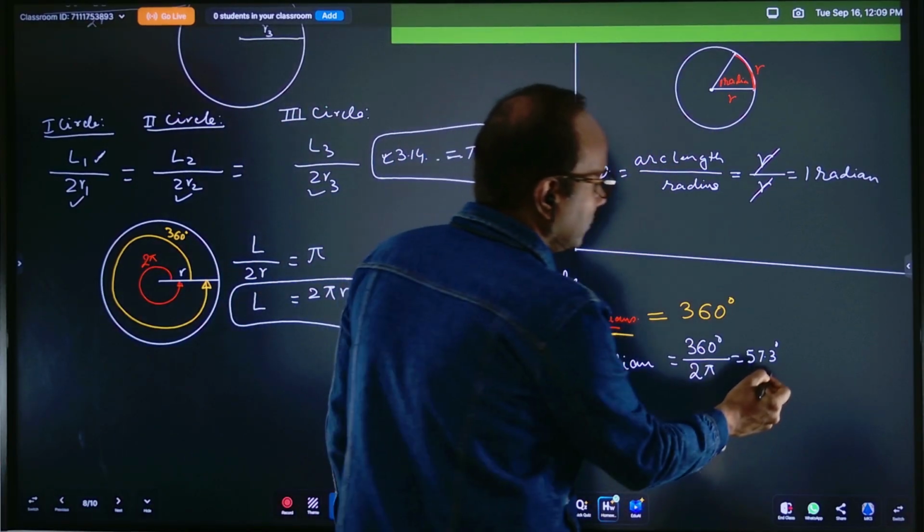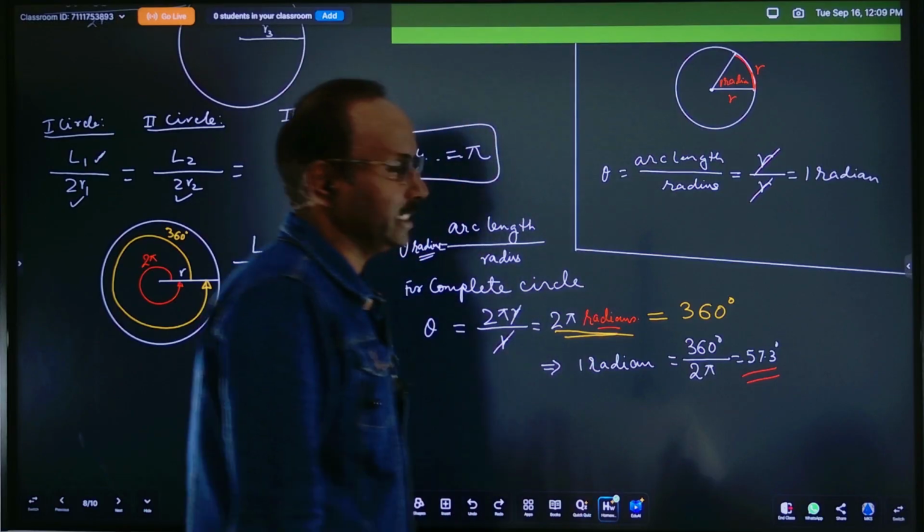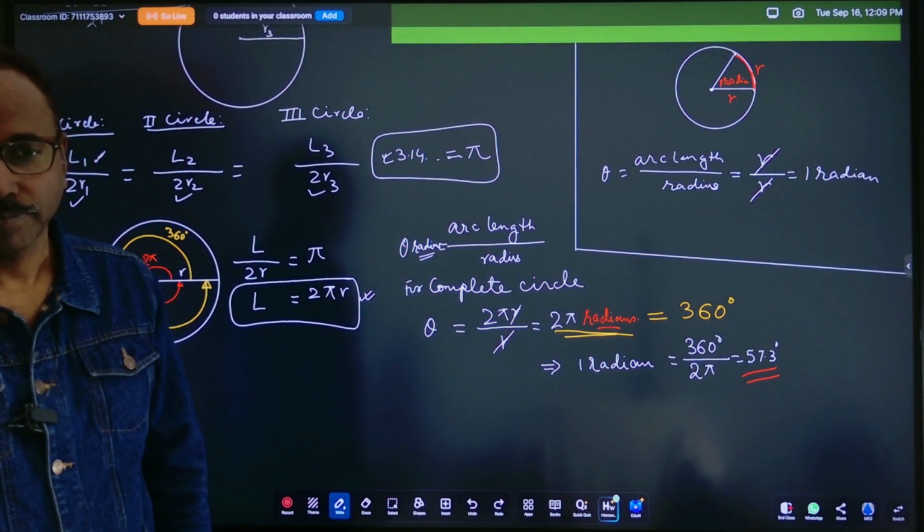And if you measure it in degree, it will come to 57.3 degree.